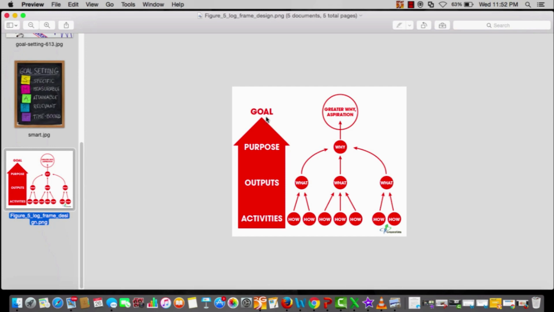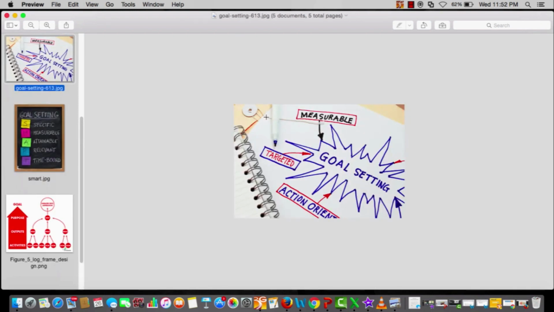Now, why is targeting important when it comes to programming? Well, because it shows commitment. Imagine you were jogging down the street, and each time it takes you 10 minutes to reach your destination.